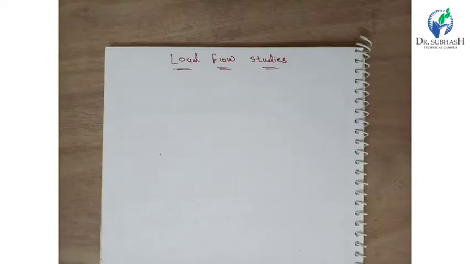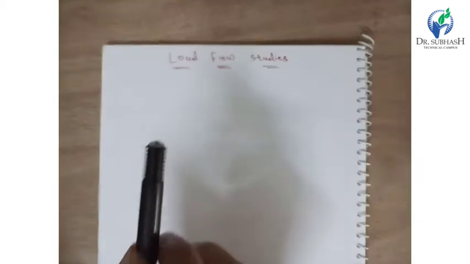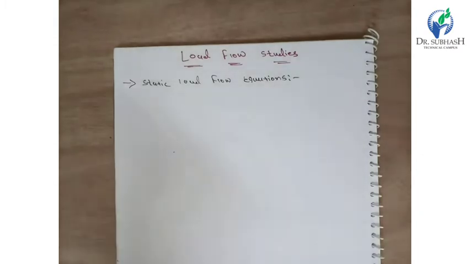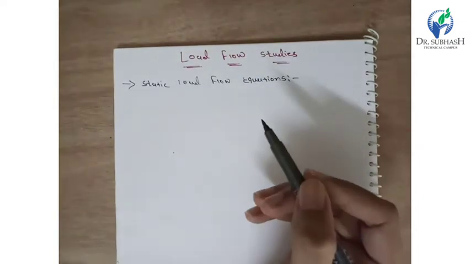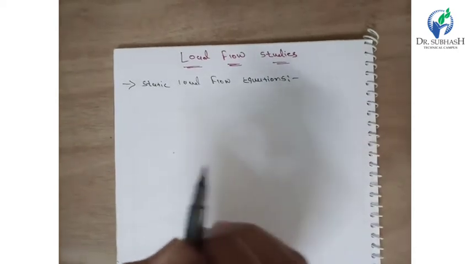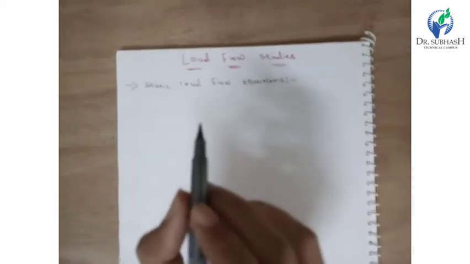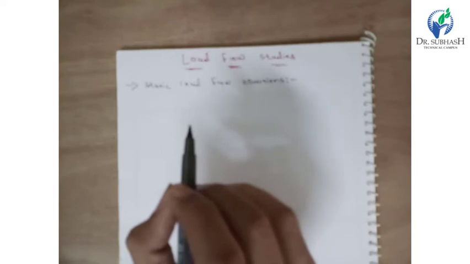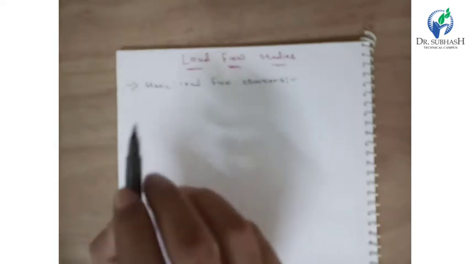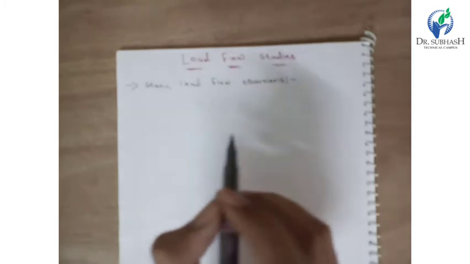Now here we start with the topic of static load flow studies, how it works, and the basic equation in static load flow studies. In the load flow studies and basic equation, the load flow study provides a systematic mathematical approach to calculate the magnitude and phase angle of the voltage at the buses and also the active power and reactive power flow in the given terminal or bus condition.